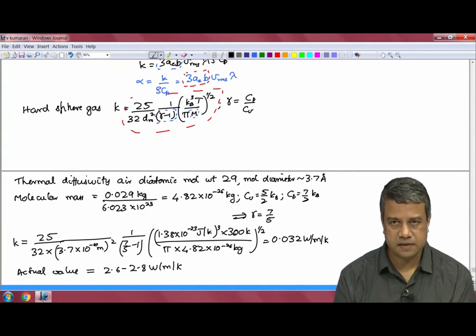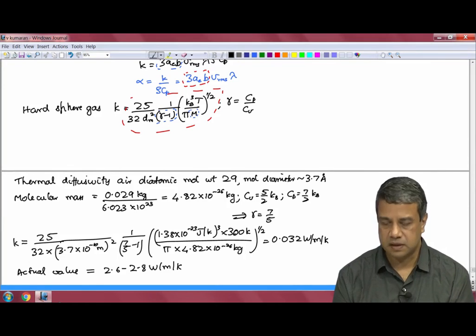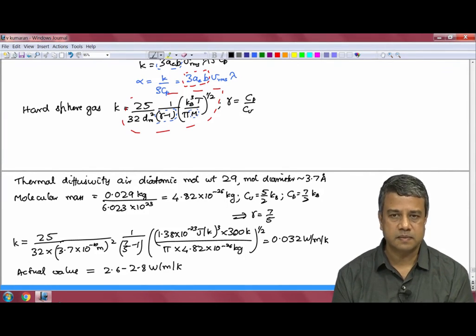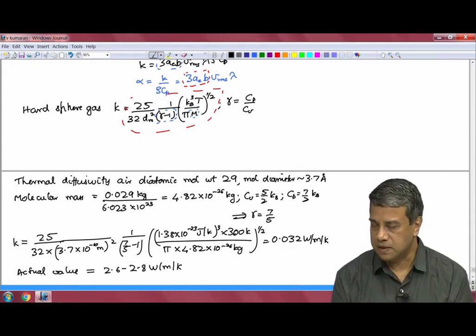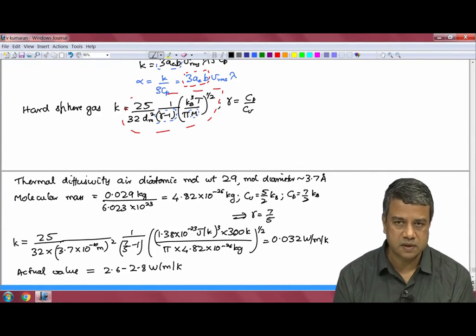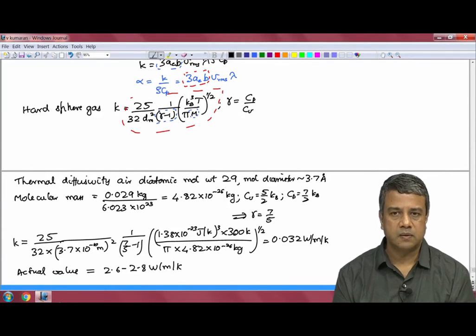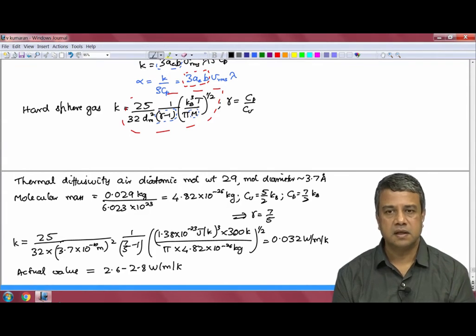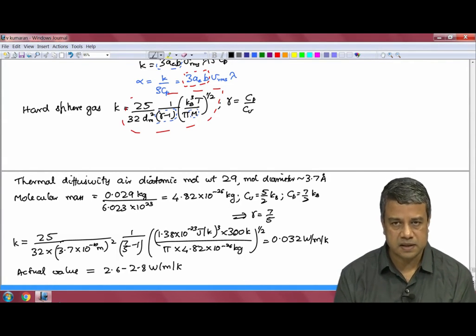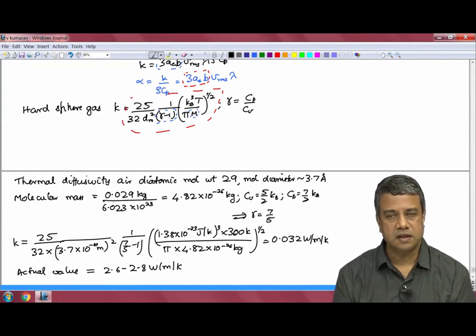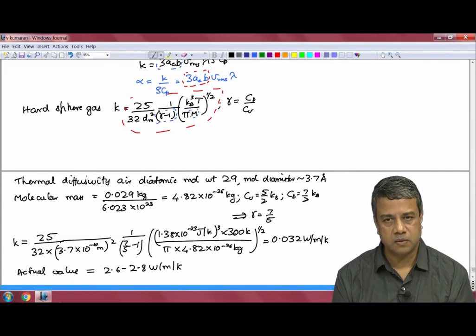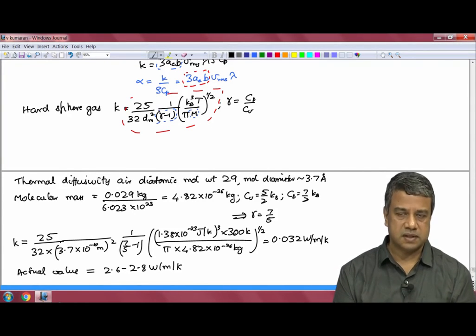So, to summarize, as far as thermal conductivity is concerned, the mechanism is the same as mass diffusivity. Energy is transported because of a physical transport of molecules across a surface. When there is a temperature difference, there is a variation in the enthalpy density across that surface. There is a variation in the root mean square velocity also across that surface.